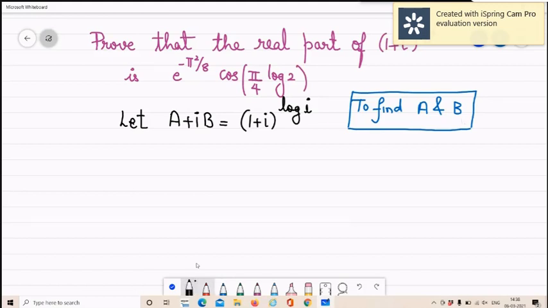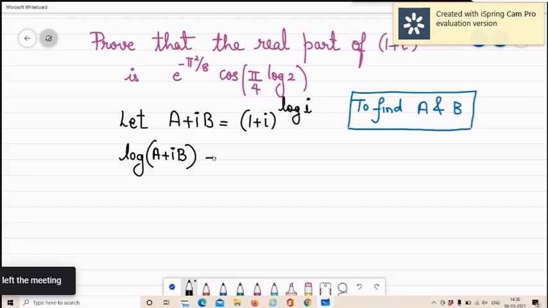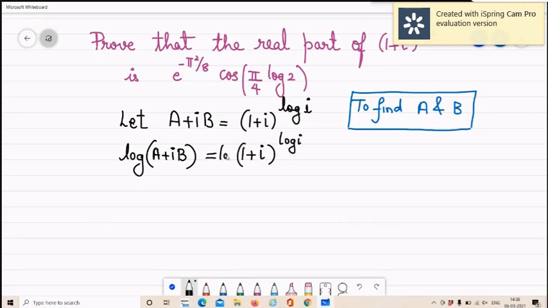So what we are going to start off with is taking log on both the sides. So this is what we get. What will happen to my right hand side?